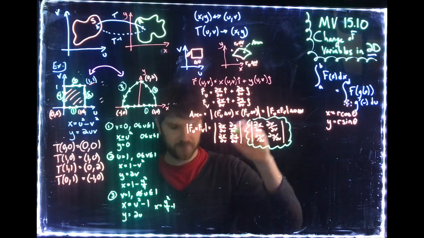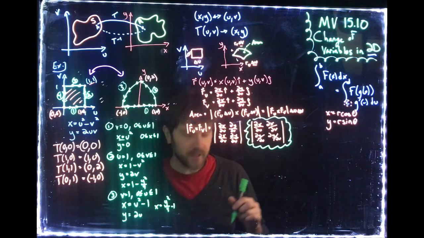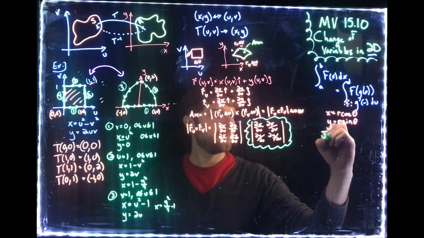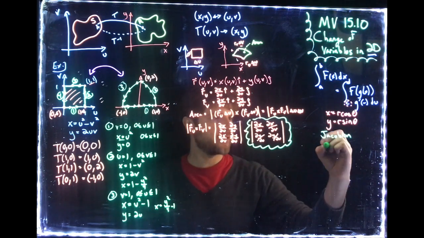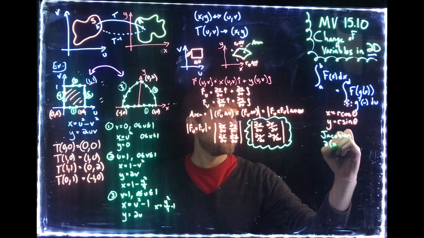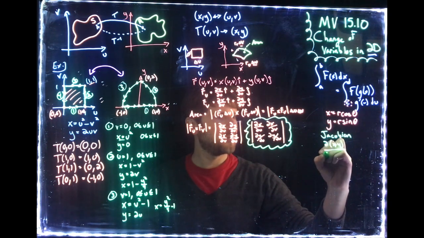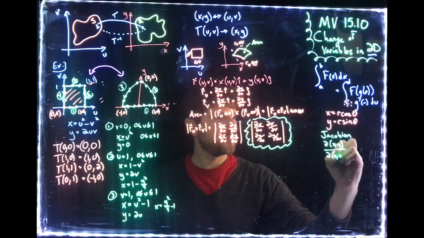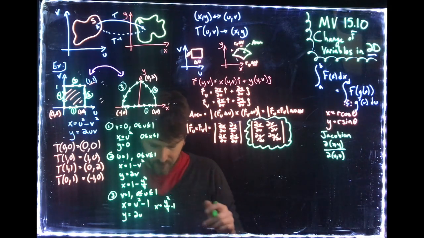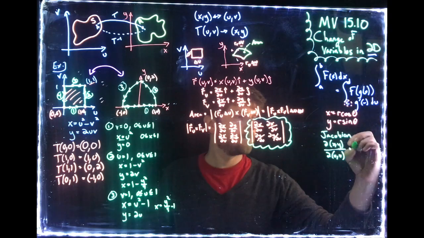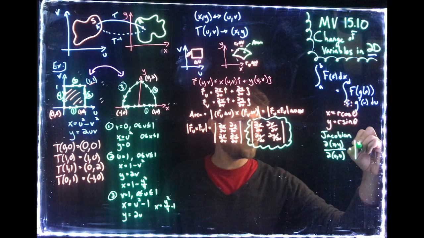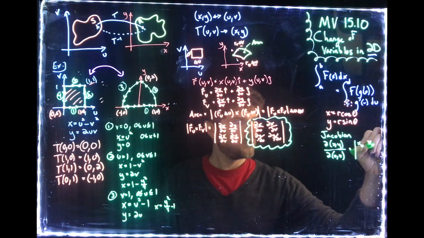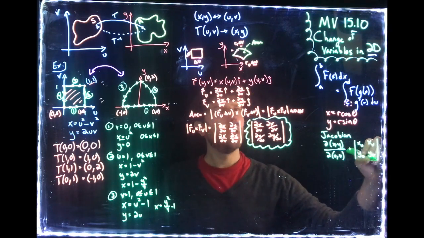This determinant goes by a special name, and this is called the Jacobian. And it goes by this notation of partial xy over partial uv, and we end up with this matrix, xu, xv, yu, yv.